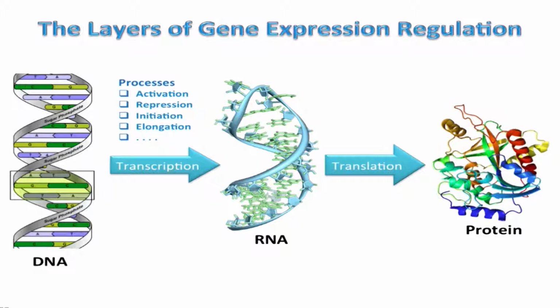Open up the double-stranded DNA, create the initiation bubble, and then transcription initiates, and then you have maintenance of the elongation bubble as the transcript is being created, right? The pre-mRNA transcript is being created.